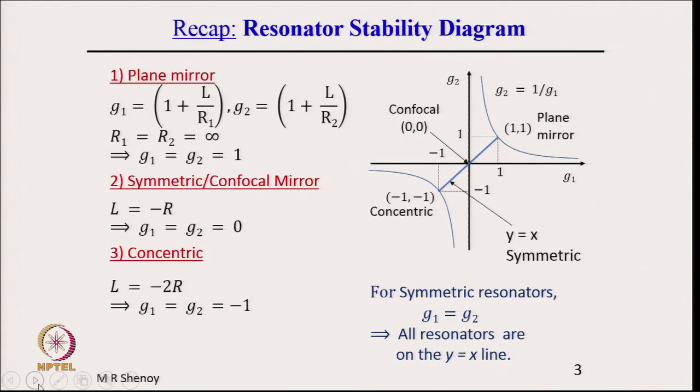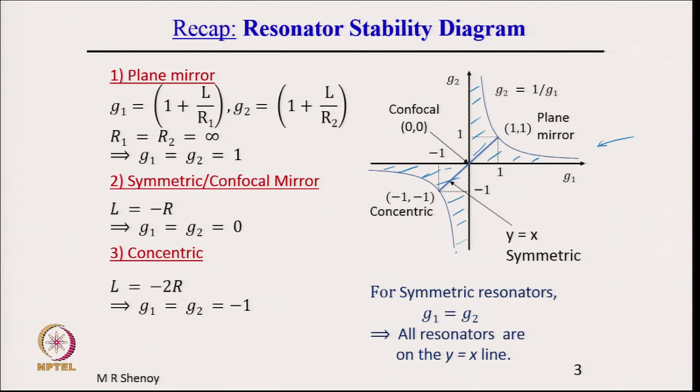Second point, we also saw the resonator stability diagram, which is shown here, a plot between G1 and G2. We have already discussed that the shaded area between the axes and the y = 1/x curve represents the stable region. For a plane mirror, for example, we have taken these three common examples.